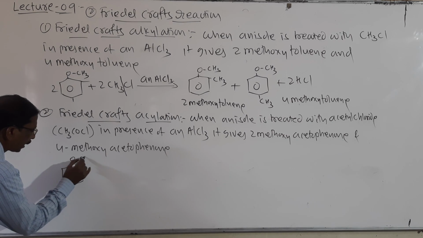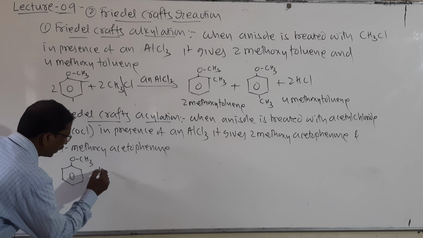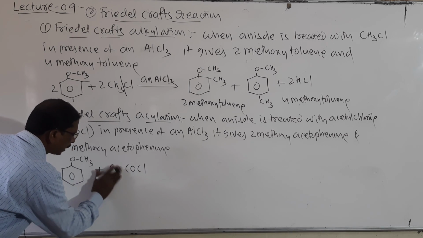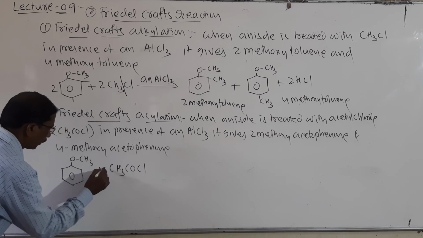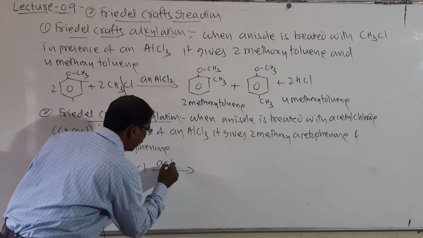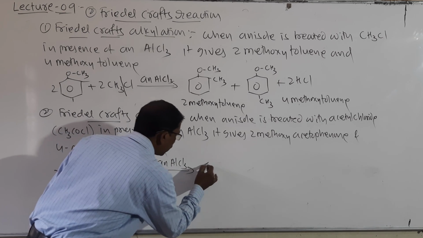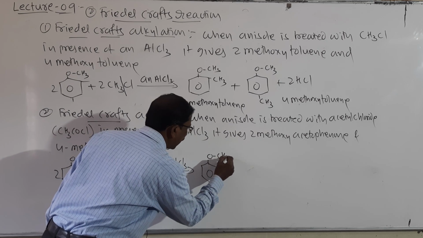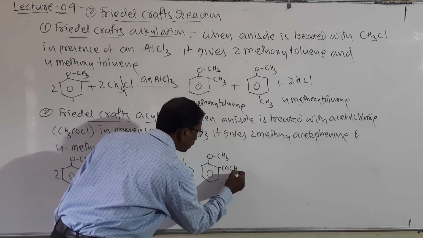So when this anisole is treated with acyl chloride, CH3COCl, in presence of anhydrous aluminum chloride, it forms OCH3 as it is and COCH3.